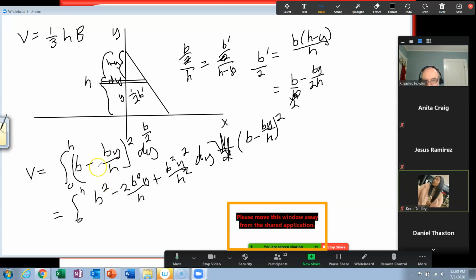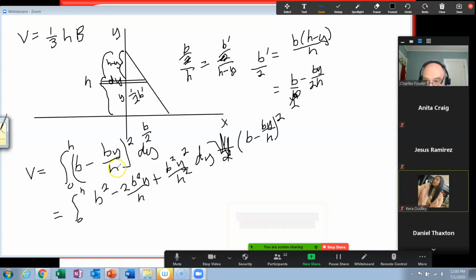Let's square that, and that would be b squared minus 2b squared y over h plus b squared y squared over h squared. And that's what we're integrating with respect to y. All right, so let's see if we can integrate. Are we anywhere close to what they have here? It really doesn't look like it, does it? I think it will come out okay, but let's give it a shot and see. So that's what we're integrating. Let's do the integration.